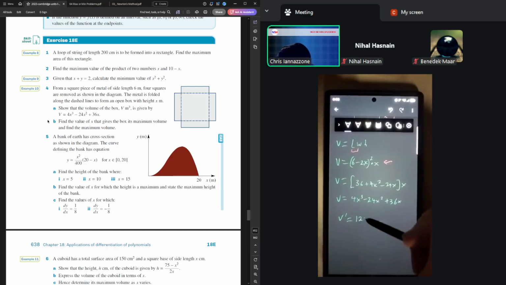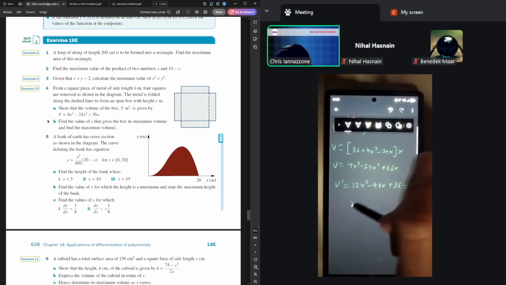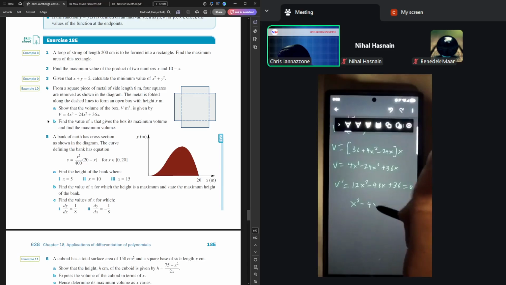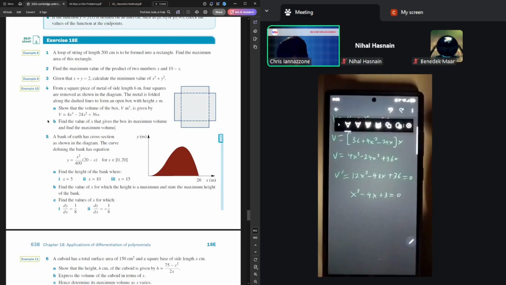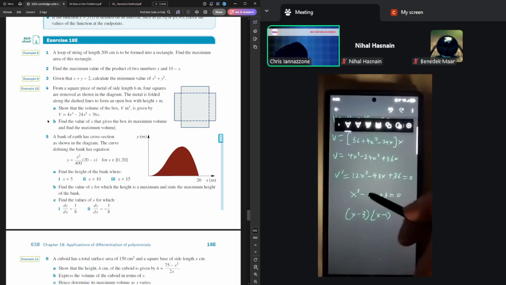Anyway, 4 times 3 is 12, 24, so 48x and 36, and then setting that equal to 0. 12 is a common factor across the board, so what's that? 4x squared minus... basic factorizing is going to be the approach here, minus 3 and minus 1, because minus 3 and minus 1 multiply out to give 3 and add together to give minus 4.